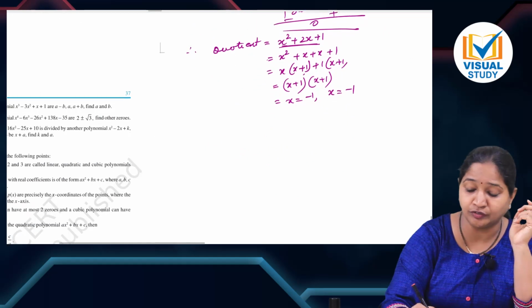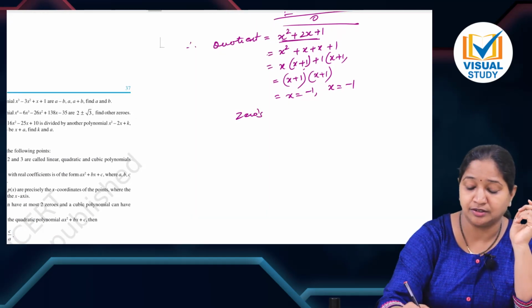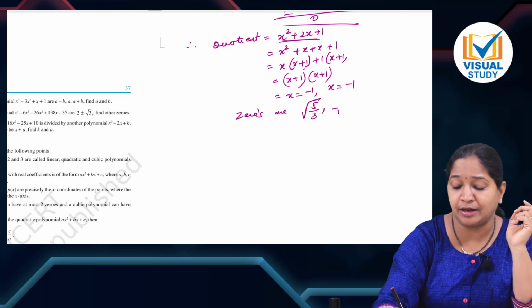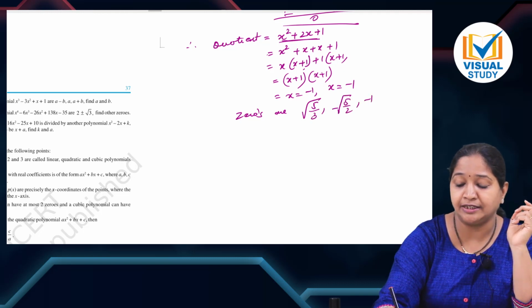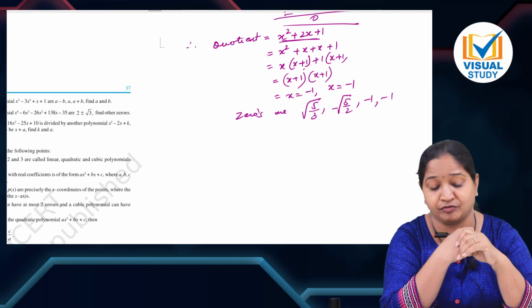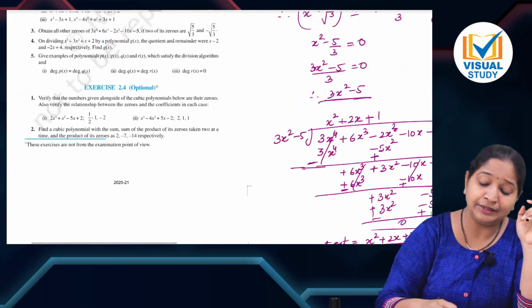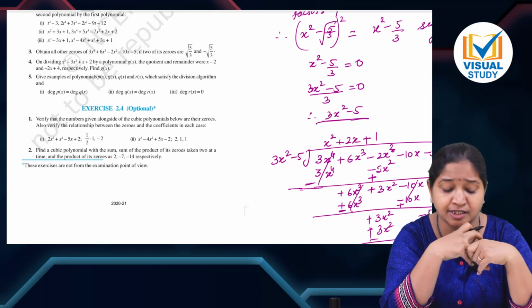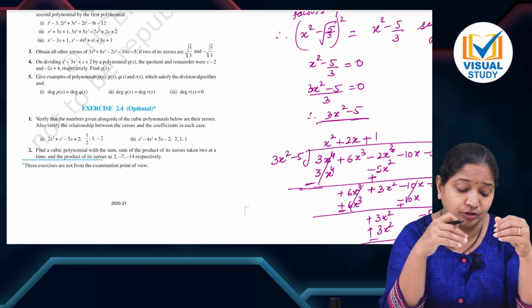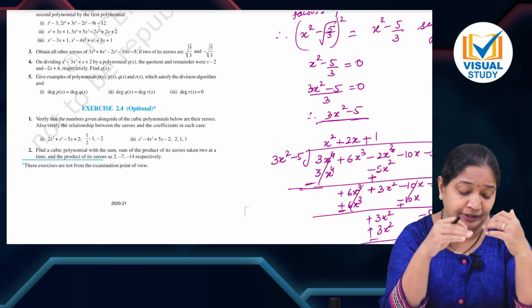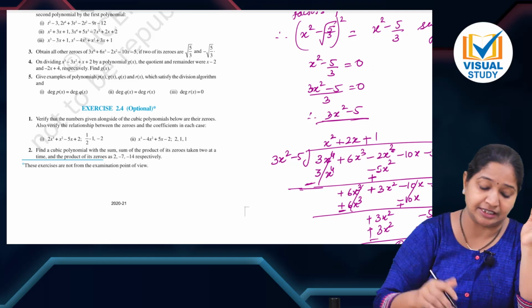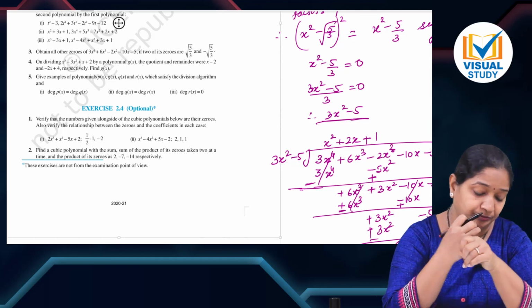So what are the zeros of this? The zeros are the given root 5 upon 3 and minus root 5 upon 3, and minus 1 and minus 1. Little bit lengthy sums, but it is very easy. Actually this lesson itself is very easy. What you have done in 9th standard is only repeated. Only here you have to see the factors and the lengthy divisions are there, but it's very easy.